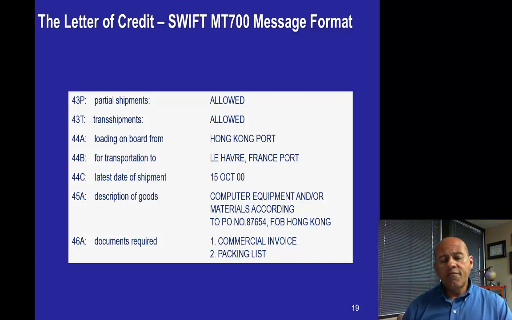You can also allow for transshipments. So basically, think of a transshipment as either choosing a direct path or a direct flight, let's say, or let's say that you're allowing the option within that letter of credit for the seller to have more than one stop or more than one routing to get to the ultimate destination.